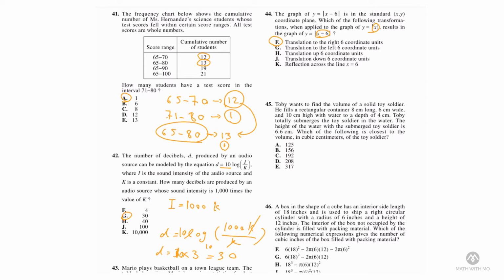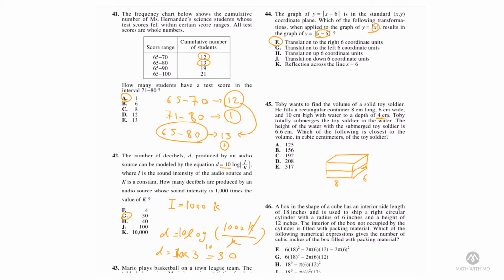Very quickly I'm going to show you how it's submerged. Let's say here is the rectangular container, 8 centimeters long, 6 wide, and 10 centimeters in height, but the water is only up to 4 centimeters.